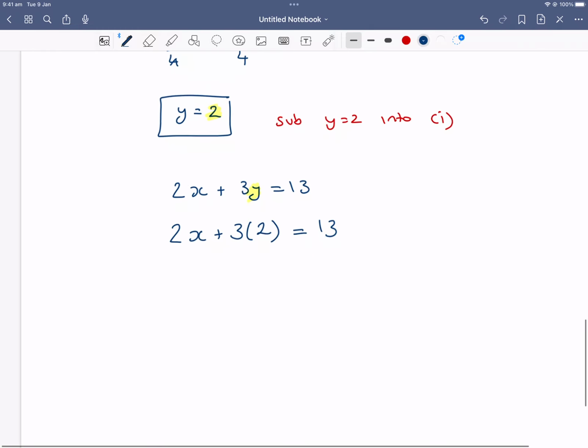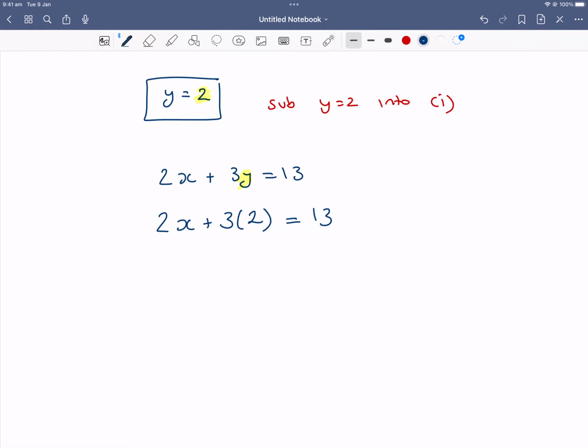Okay, this is going to be a bit more fun, the algebra. We could work out what 3 times 2 is, which is 6. That's still 2x, and we've got 13 there. And then all we need to do is get rid of this 6, so we're going to subtract 6 from both sides. That gets rid of that.